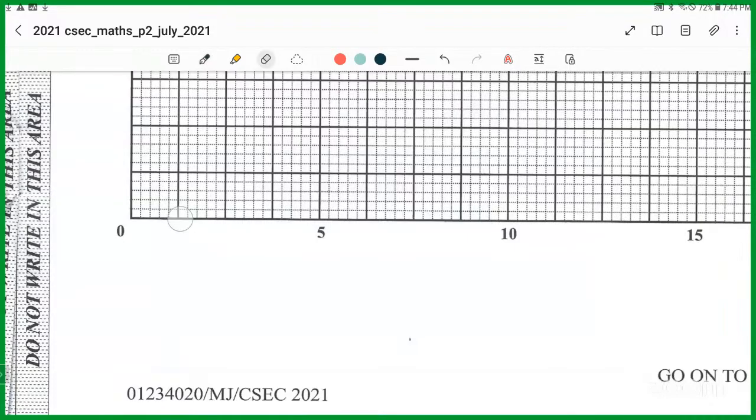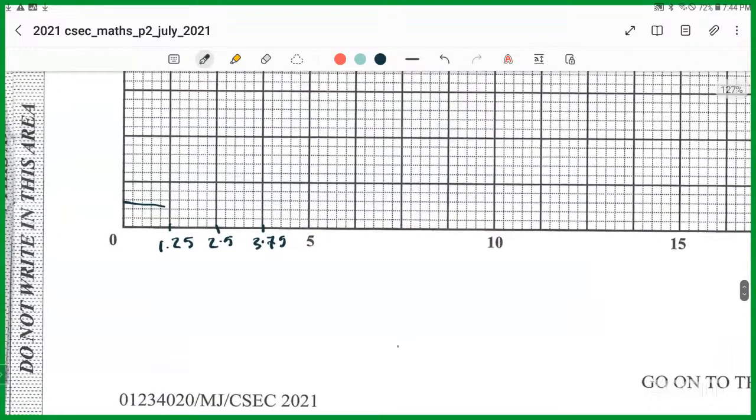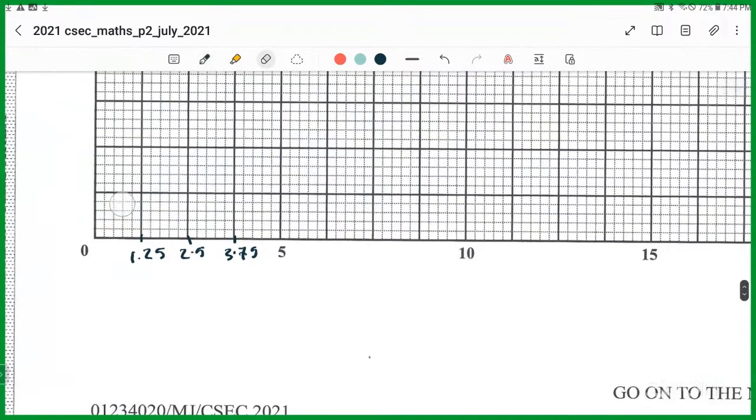So this would be 1.25, then 2.5, which is correct, halfway between 0 and 5, and then this would be 3.75. So each of these intervals will be 1.25 if you want to work with that.